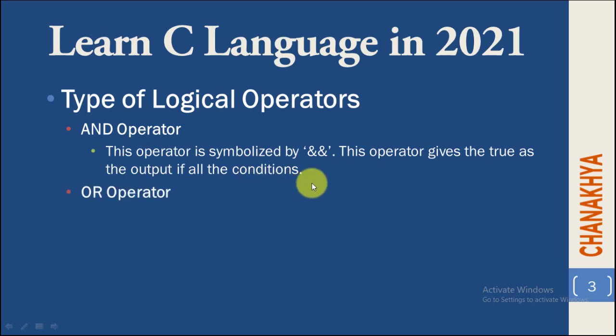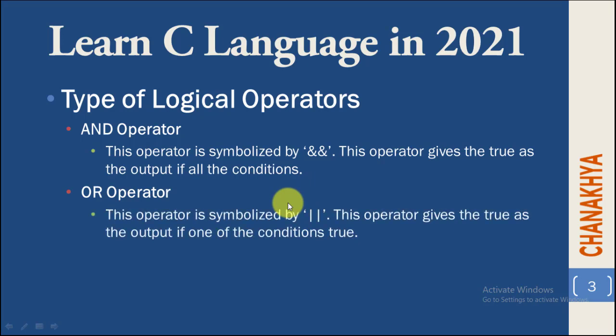Then the second operator is the OR operator, and that is opposite to the AND operator. This operator is symbolized by the double pipe sign. This operator gives true as the output if one of the conditions is true.